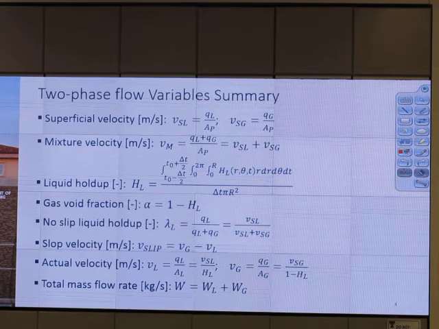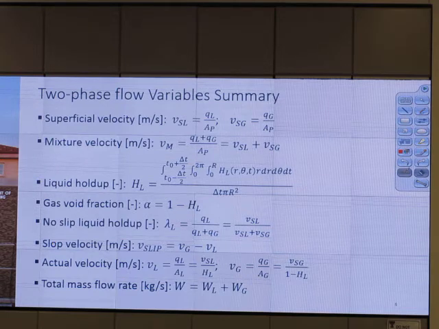Gas void fraction is 1 minus liquid holdup. No slip liquid holdup is QL divided by total Q, or VSL divided by VM, or VSL plus VSG. Slip velocity, sorry, had to be slip velocity, is the velocity of the phase that moves faster, which is most of the time gas.